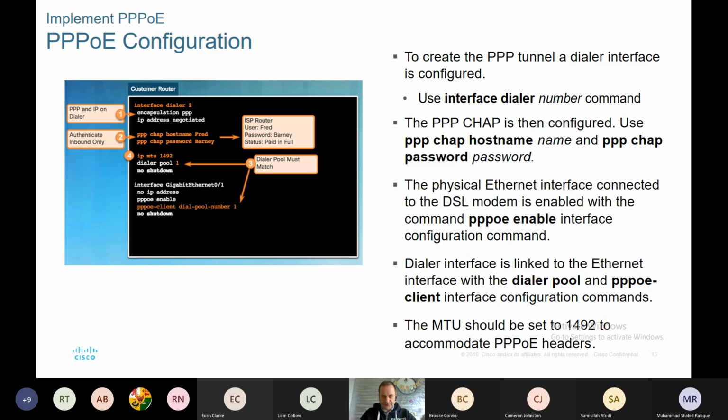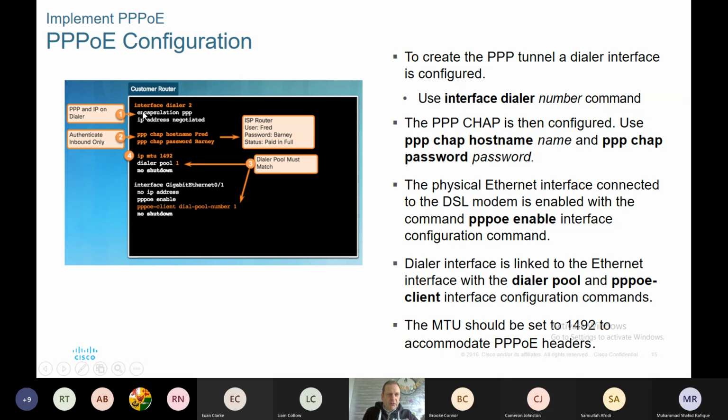So basically what you have to do is first create the tunnel by creating a dialer, an interface dialer, it's called. You give it any number you want, though you have to take cognizance of what number you've used.